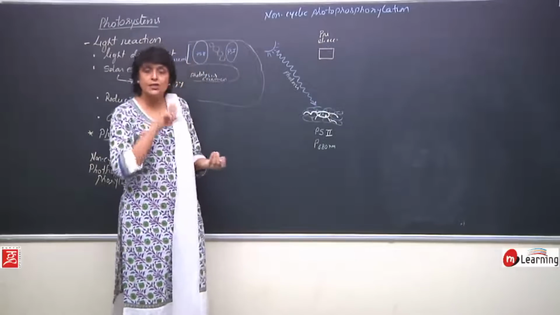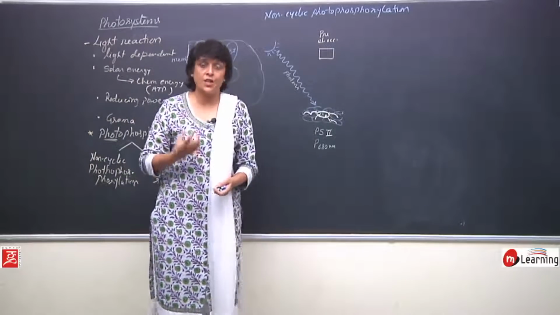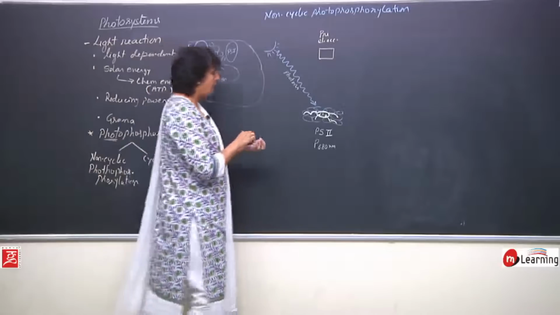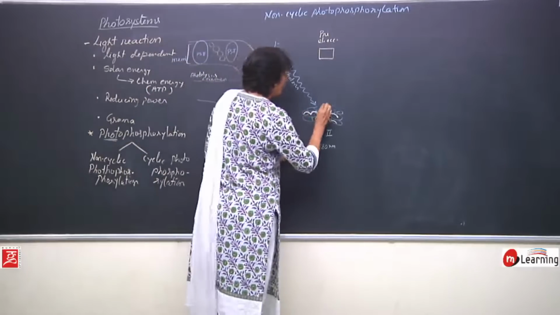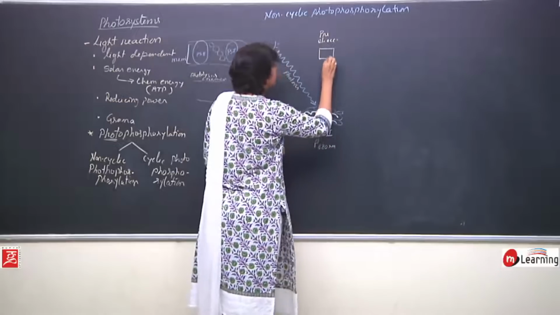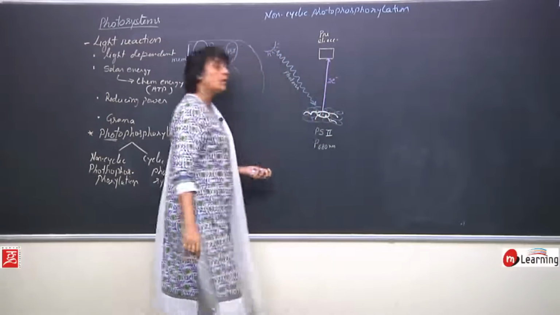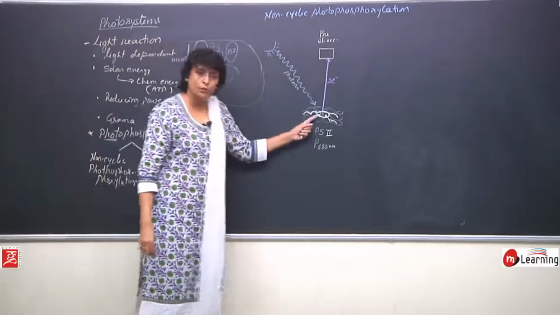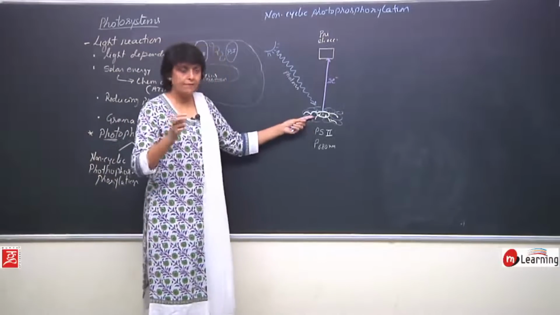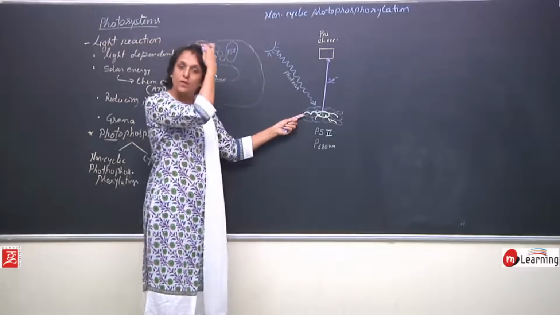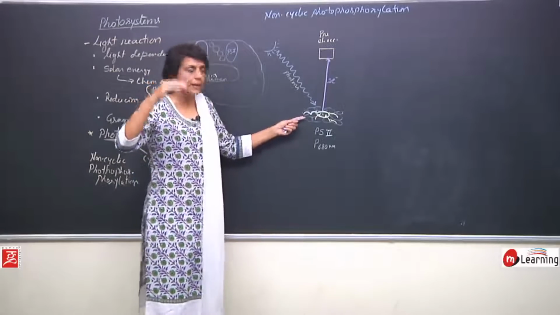Now, when the reaction center chlorophyll gets sufficient energy, a pair of electrons from chlorophyll gets excited. We just saw in fluorescence and phosphorescence how it gets excited.